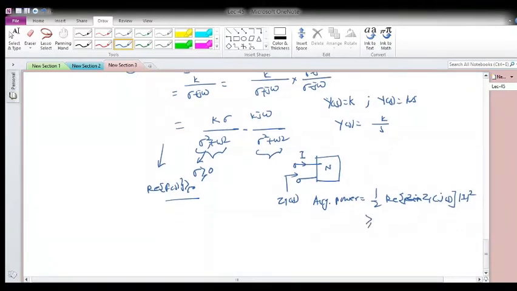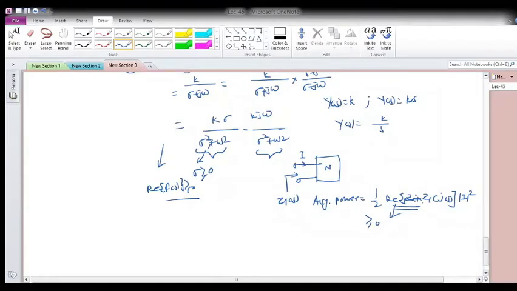Obviously this is always greater than or equal to 0. We know that reactances do not absorb power; it is only the resistances, the real part of the impedance or admittance, that dissipate the power. That's why I have taken the real part.